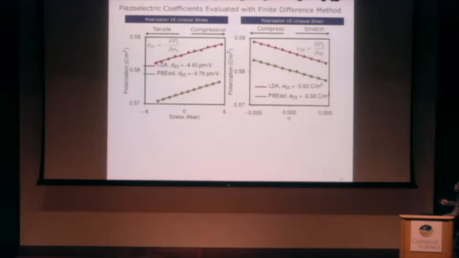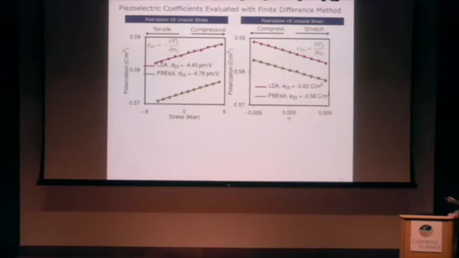What I did is to look at the polarization as a function of uniaxial stress and also the polarization as a function of uniaxial strain. With two density functionals, they essentially give the same results. The slope tells us the piezoelectric coefficients. So I think this figure is probably more intuitive. When we stretch the material, that is, apply a positive uniaxial strain, the polarization becomes smaller.